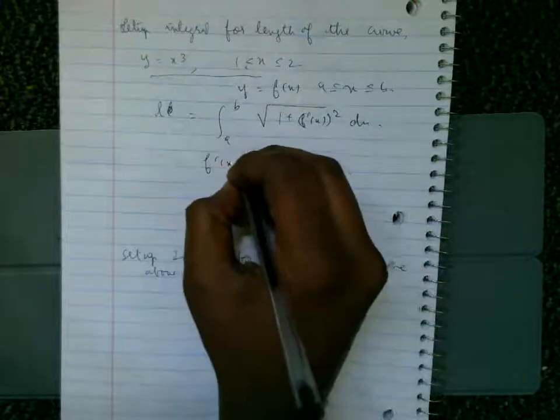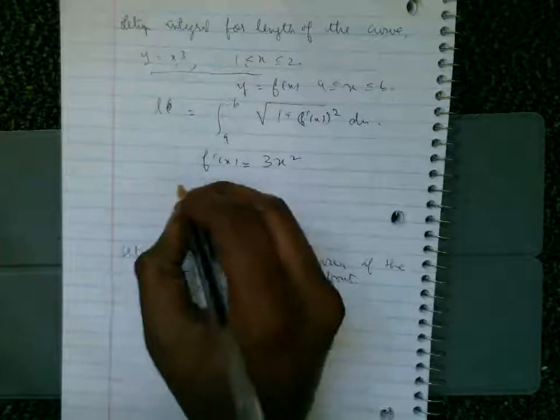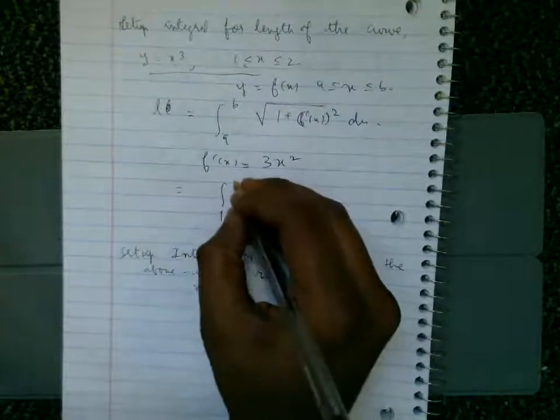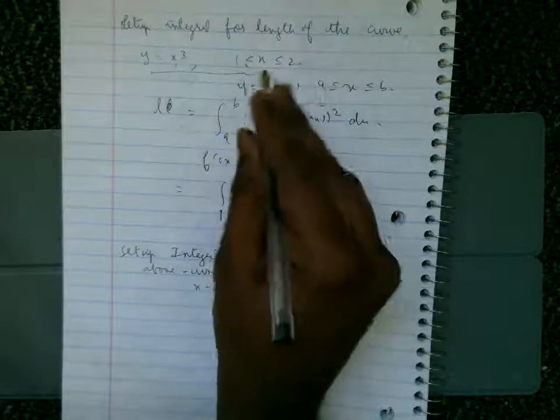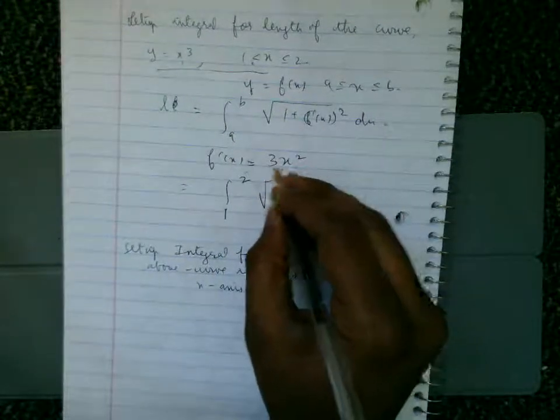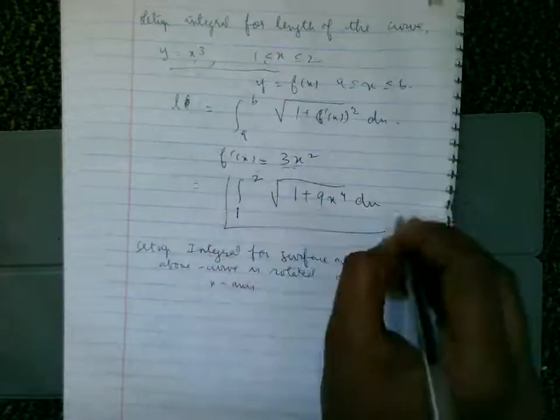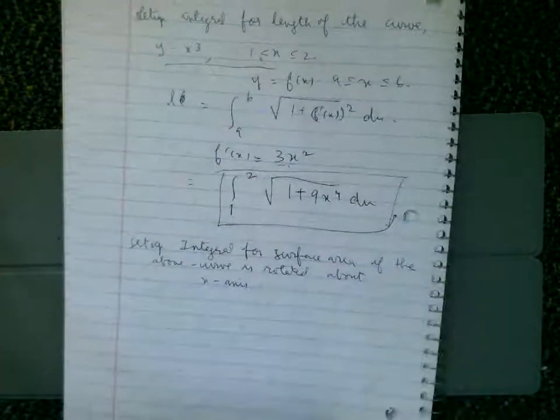And f prime of x here is 3x squared, the derivative of x cubed. Therefore this integral is equal to the integral from 1 to 2, since a and b are 1 and 2 respectively, of the square root of 1 plus the square of this, which is 9x to the 4, dx, and this is our final answer.